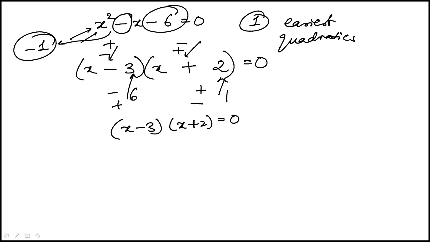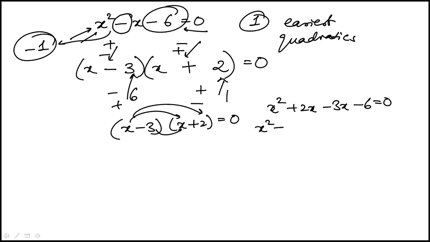And that does indeed come out to be the original expression if you do the expansion. That's another way to check. So that would be x squared plus 2x, and then minus 3x, and then minus 6 equal to 0, which is really where we started.